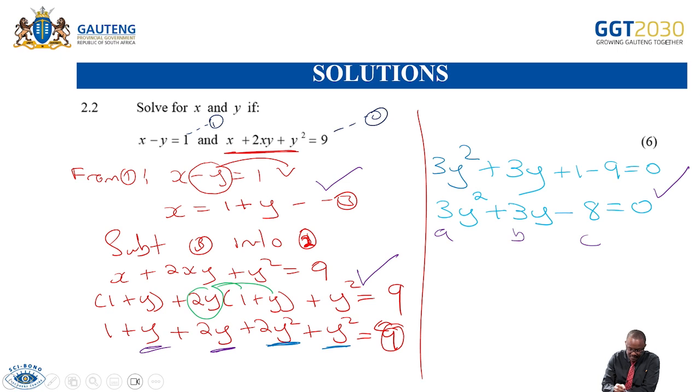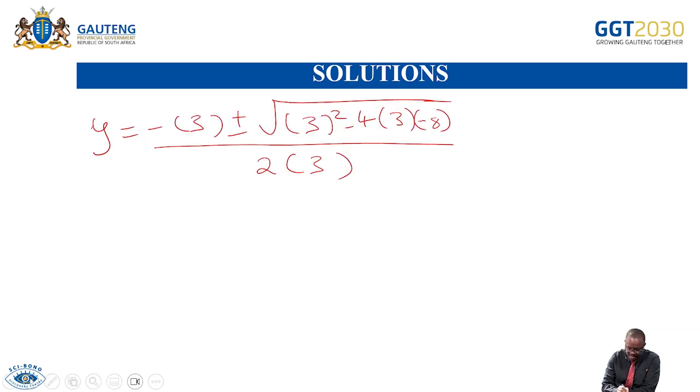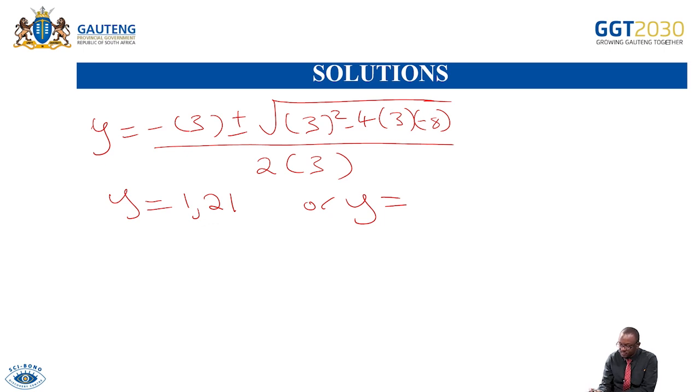Also remember that when we substituted x here and there, we multiplied correctly there. Correct? Then now, what is it that we are dealing with? We're saying the first answer there of y is going to be 1,21, or y is equal to, you change the sign from positive to negative, then we are going to get negative 2,21.